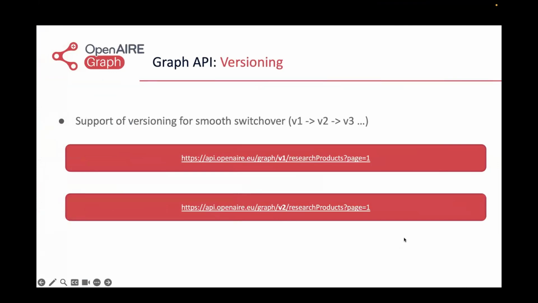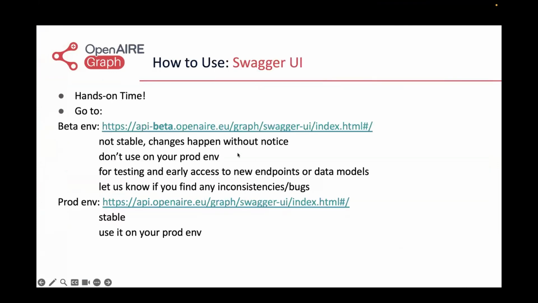So I said beta. We use two environments. The developer deploys first to the beta environment from local, and this is where we test. It's a testing environment. It's not stable.